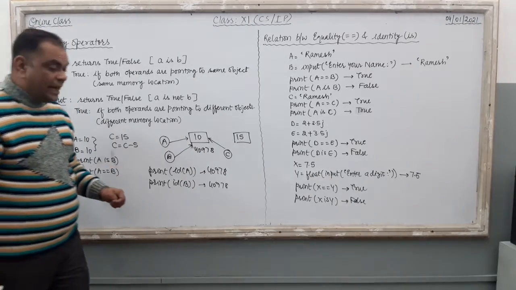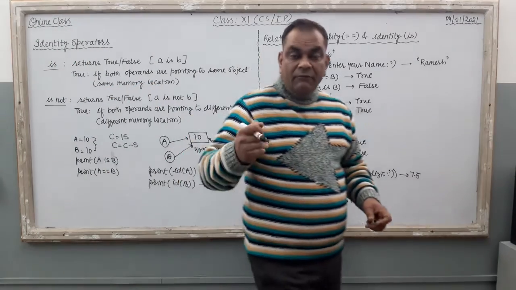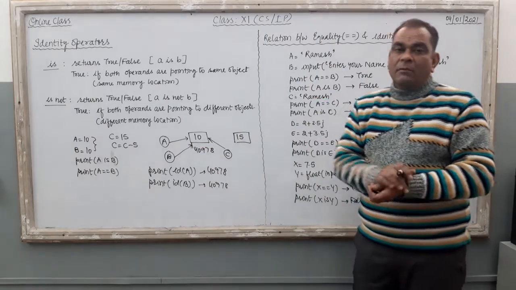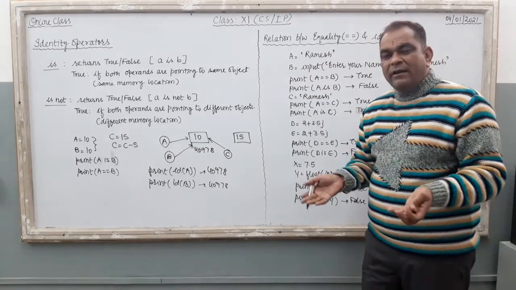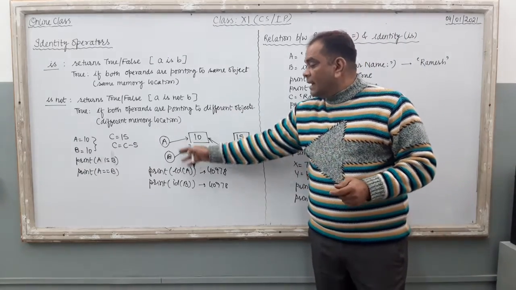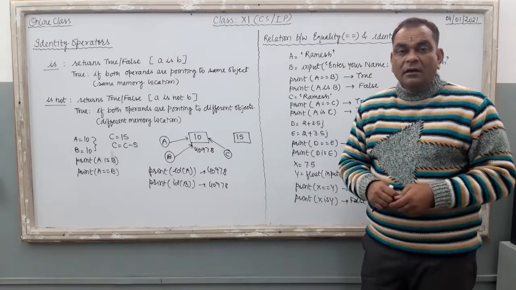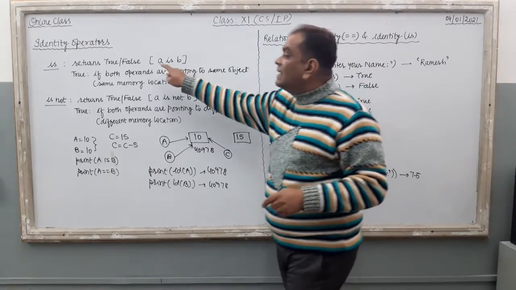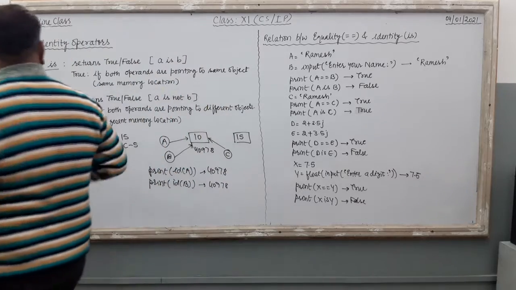So this is known as the value at a specific location of your computer's memory. If a common value is there, then all the variables' labels are pasted on the same value here.